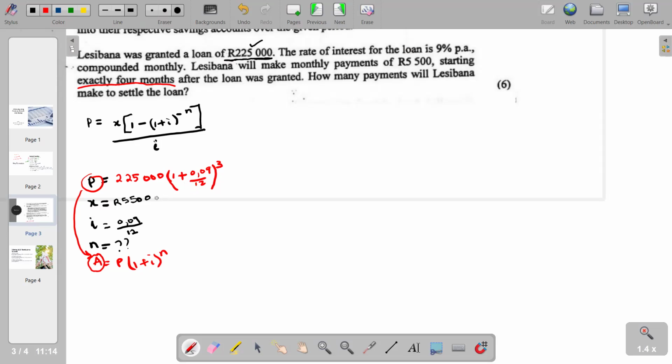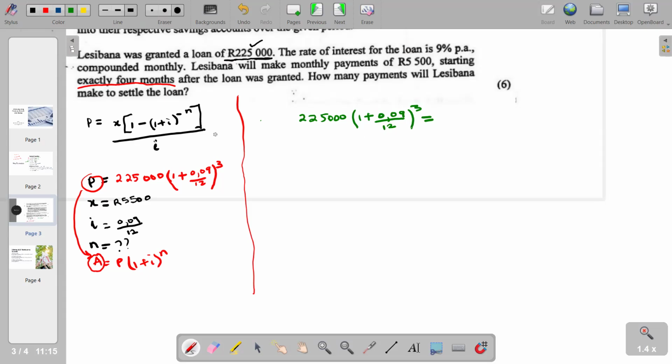So having this, we can now substitute in the formula. We are going to have our P, which is 225,000 adjusted, 1 plus 0.09 divided by 12, then this is raised to the power 3.